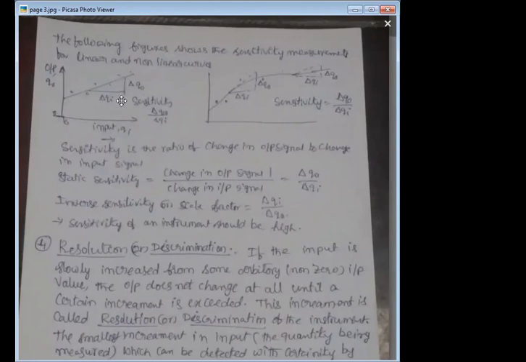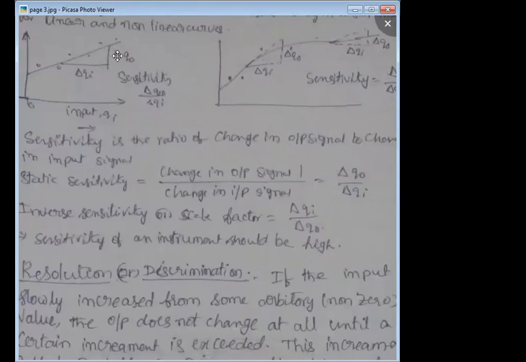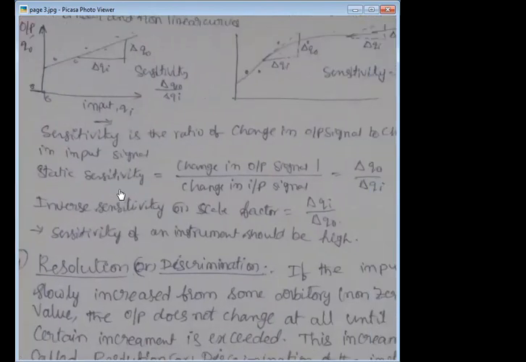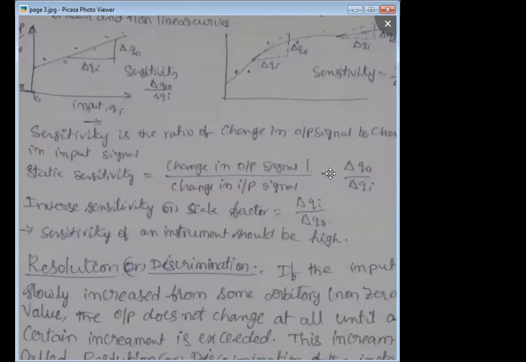For a delta change in qi, there is a change in the output q naught. So the change in output signal to the change in input signal is the sensitivity. And the inverse of this sensitivity is the scale factor or deflection factor. So inverse sensitivity is nothing but the inverse of this one, dqi by dq naught.